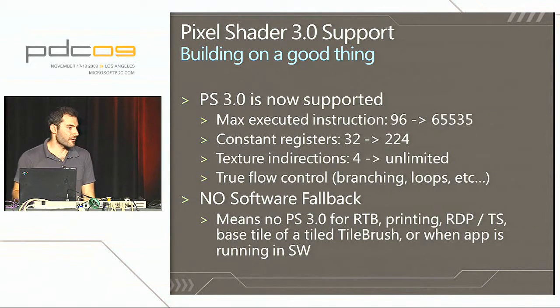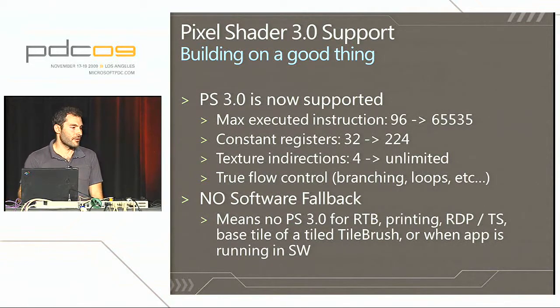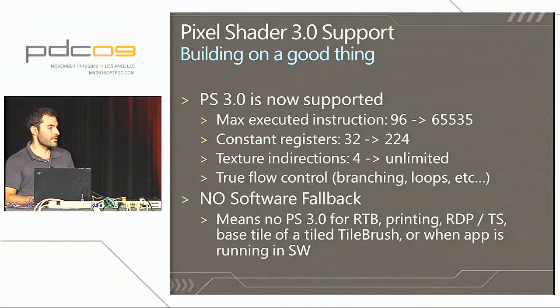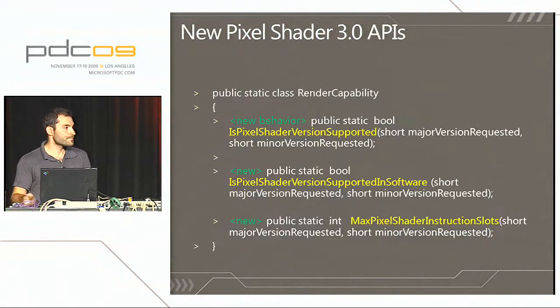This includes render target bitmapping, printing, running over TS and RDP sessions, generating the base tile of a tiled tile brush, which is sort of a weird case, but it's an implementation detail. Or anytime your app is running in software, either because you've set the software flag on your HwndTarget, or because you've set the registry key to force software, or because your machine just doesn't support hardware rendering.